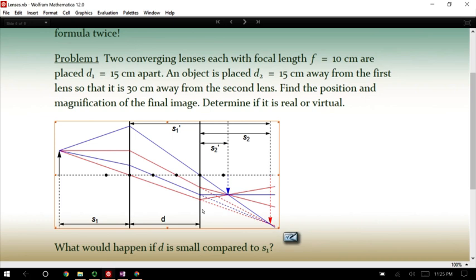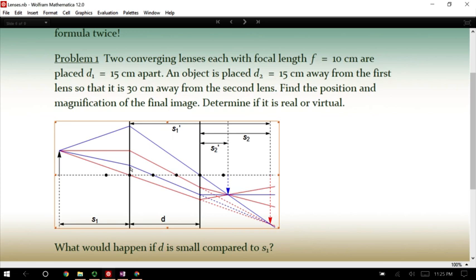This is a thin lens, and then this one is another thin lens. If this second thin lens was not there, if there was only the first thin lens, then these rays of light, after refraction from the first thin lens over here, will go and converge over there, right? So this is my virtual image of the first lens.